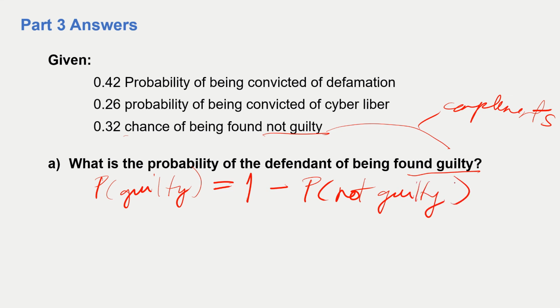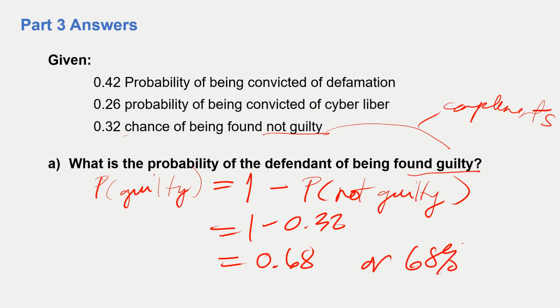Baka malito kayo dun sa discussion natin, yung equation is P not A is equal to 1 minus P sub A. Pwedeng magkabaliktaran, depende sa given. Kung ang given is yung not, then yung hahanapin natin is yung complement niya. So, 1 minus 0.32 is equal to 0.68 or 68%. So, there is a 68% chance that our defendant is guilty of the charges given to him.